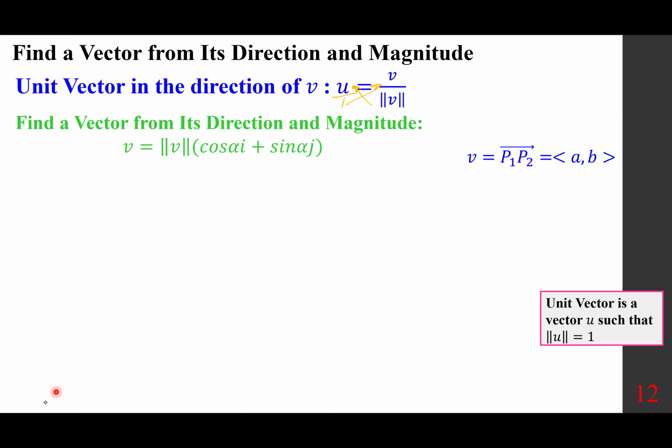So this is a unit vector, everybody. How do we know that? Sine squared plus cosine squared is 1.